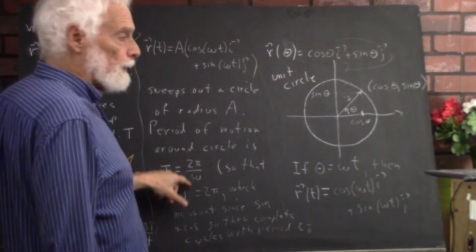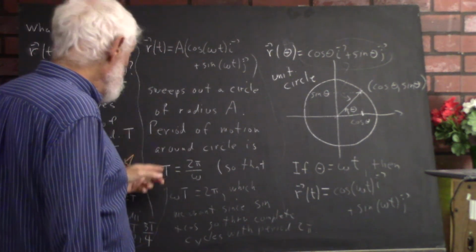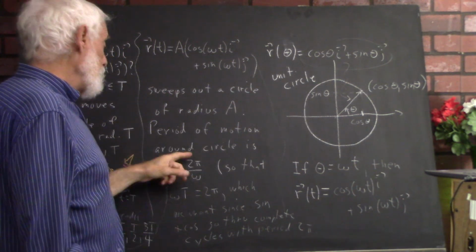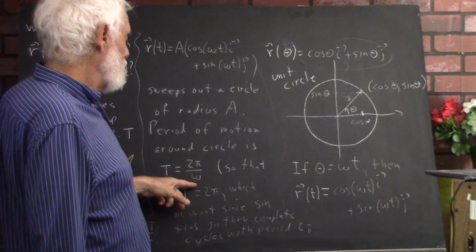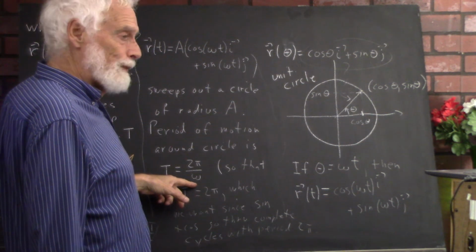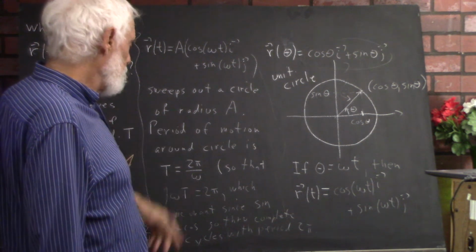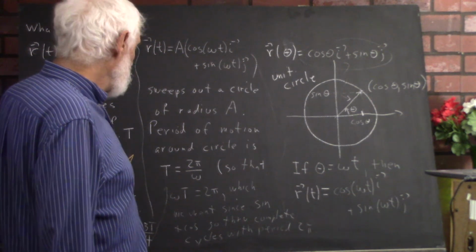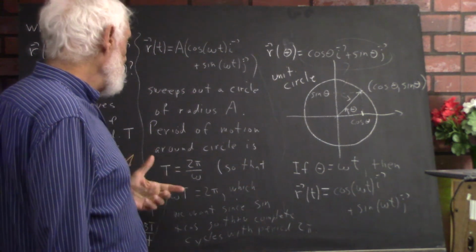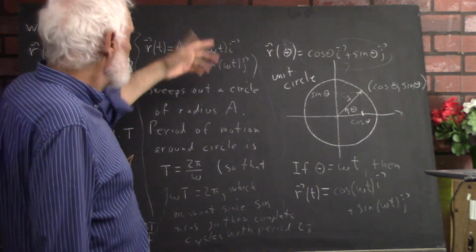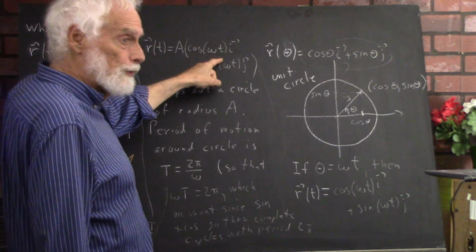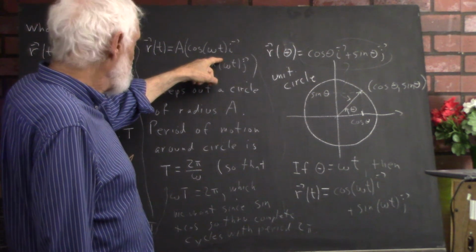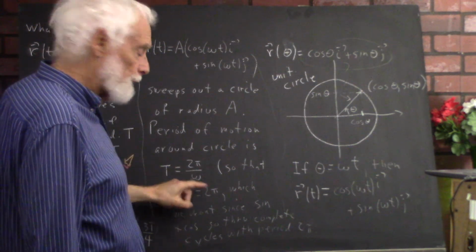So this is a formula you can memorize. Big T stands for the period of motion, and you can memorize this, but if you're normal, you'll never memorize it correctly. It's better to understand why it is. The period is how much t has to change so that omega t changes by 2 pi. If you understand that, then you can always figure this out.